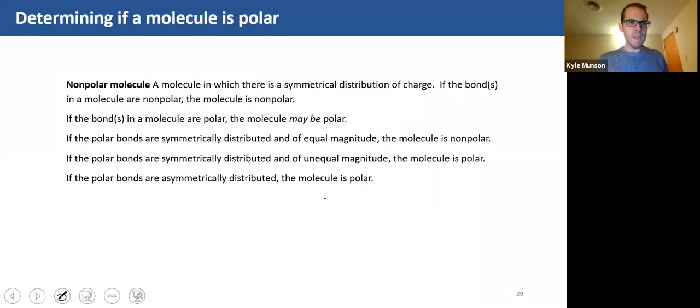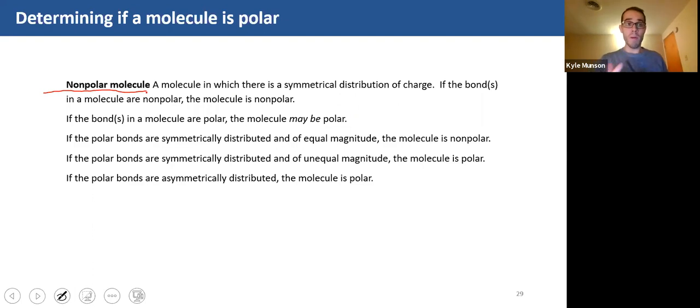So how do we determine if a molecule is polar? Well, first, let's talk about what a non-polar molecule is. A non-polar molecule is a molecule in which there is a symmetric distribution of charge. You could say the charge distribution is equal in all directions.